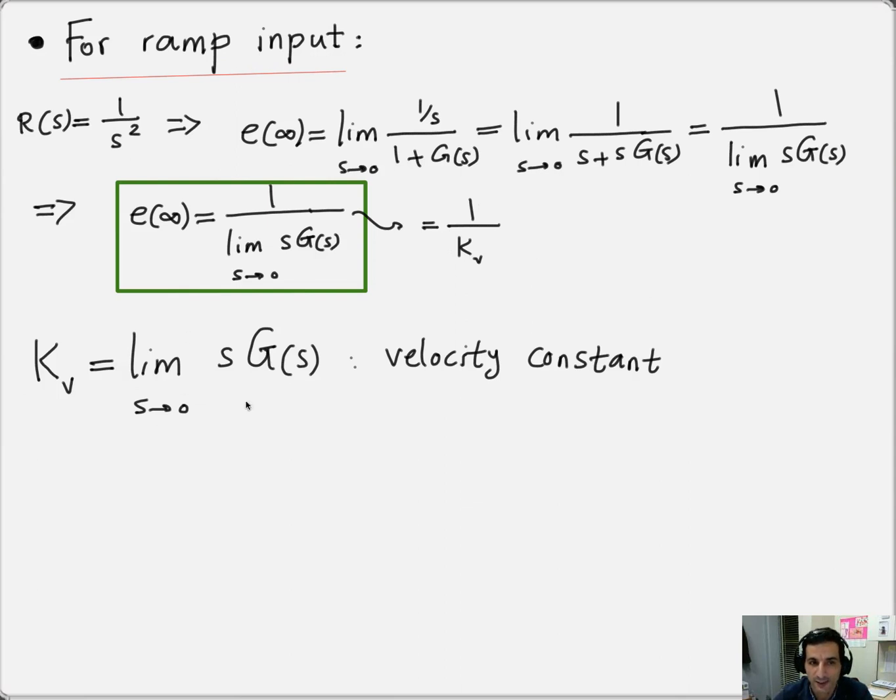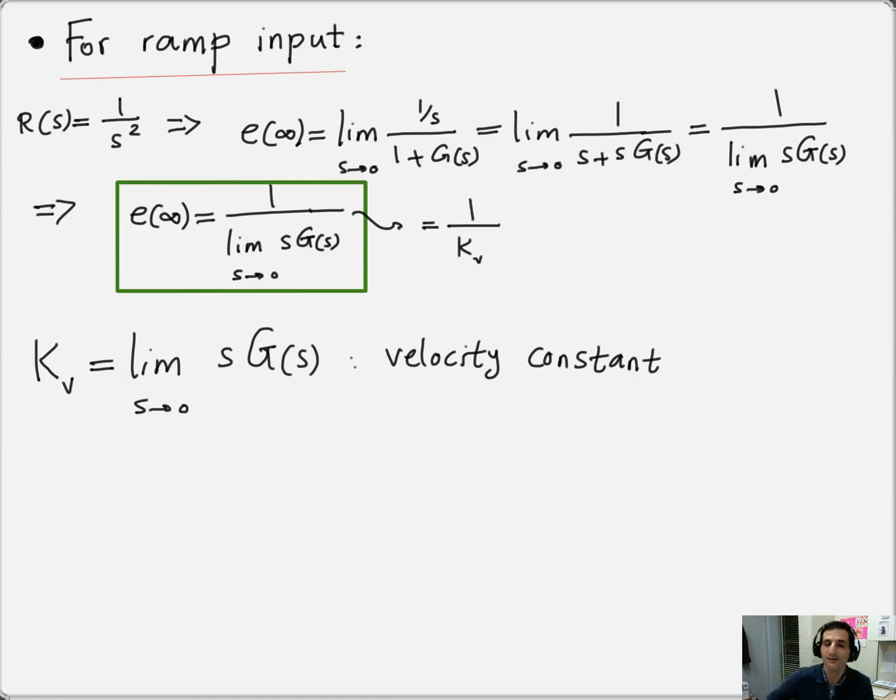When Kv goes to infinity, this implies that your G of s must have at least an s squared in the denominator. Basically, you must have 2 poles at s equal to 0. So when you multiply that transfer function by s, one of the s's in the denominator is cancelled with the s here.